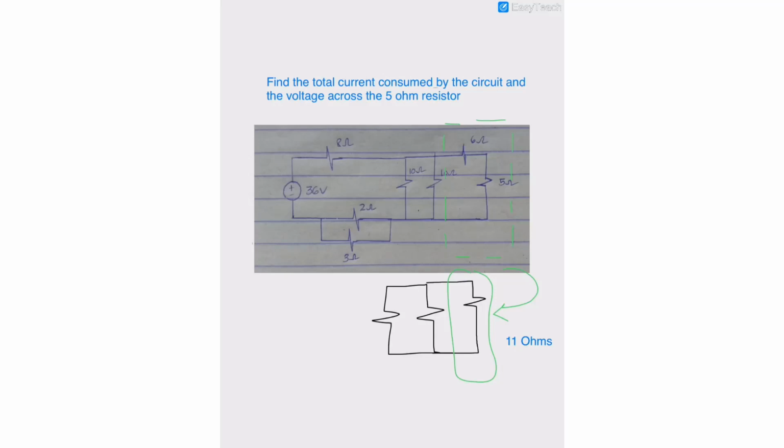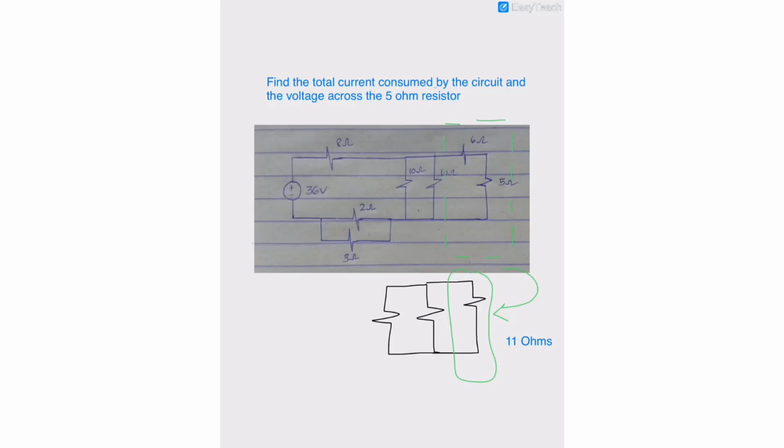To solve for the voltage across the 5 ohms, we will solve it in a reverse manner, as the total current is 2.85 amps as we solved earlier.